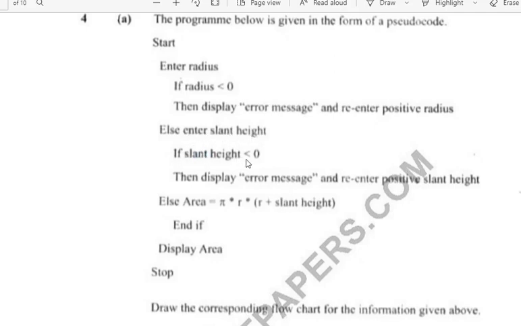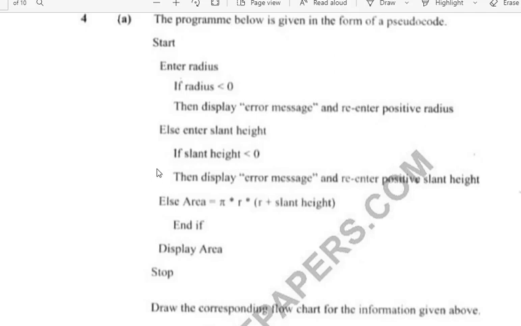If slant height is less than 0, then display error message and re-enter positive slant height, else area equals pi multiplied by r plus slant height, and display area, stop. So we have a pseudocode and we are asked to draw the corresponding flowchart for this information given here.